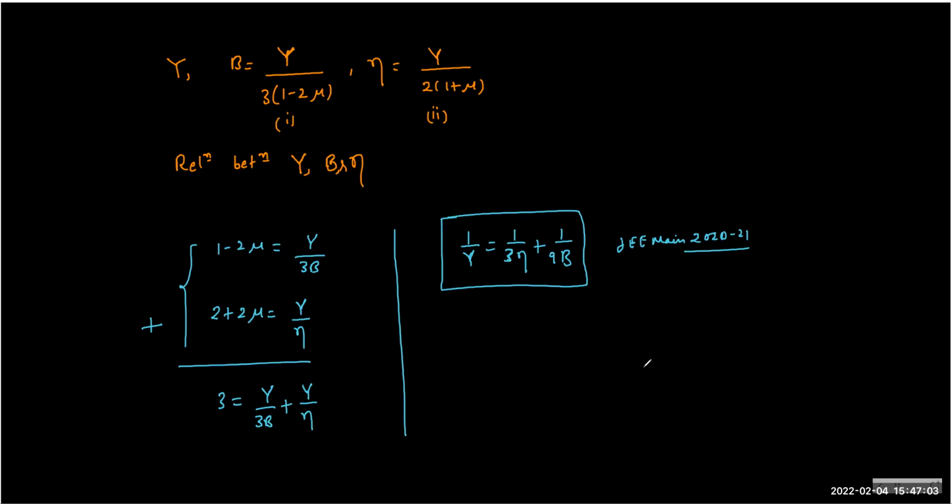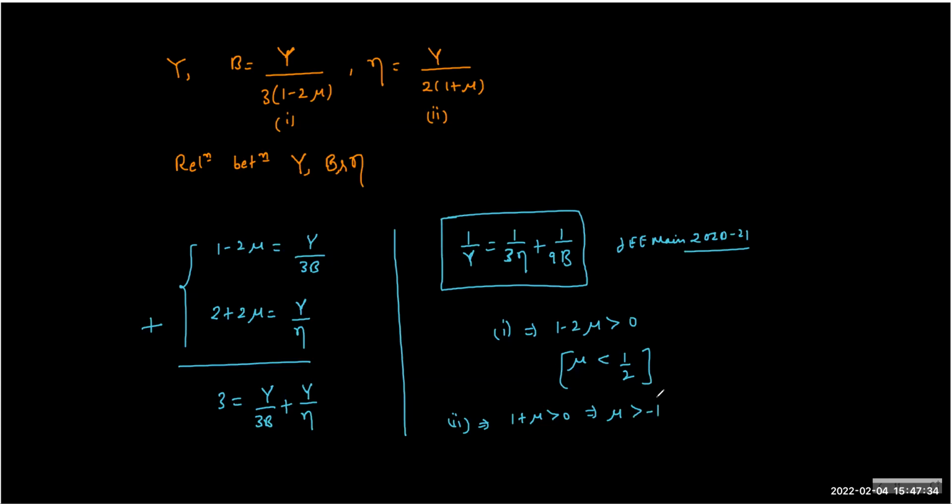The second thing is we can also determine the theoretical range of mu. So all moduli are positive numbers. So you can see that from the 1. Theoretically, mu must be less than 1 by 2. And 2 implies 1 plus mu is positive, which implies mu is more than minus 1.